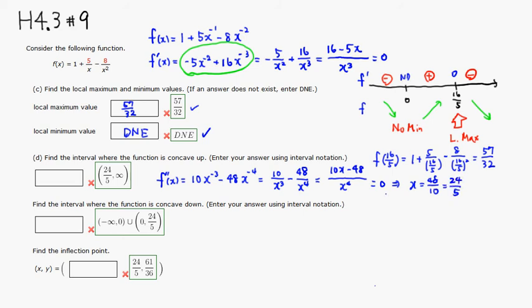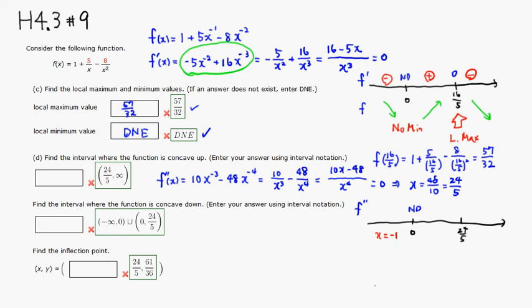So we look at the number line again. 0 is not defined, and you have 24 over 5. And we look at the second derivative. Try something less than 0, so negative 1. If you put negative 1 here, that will be negative.